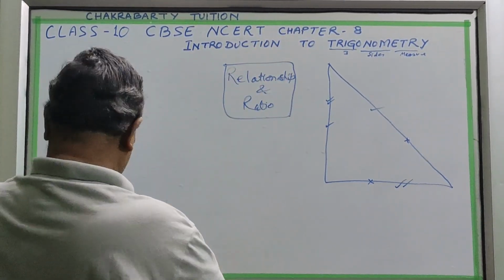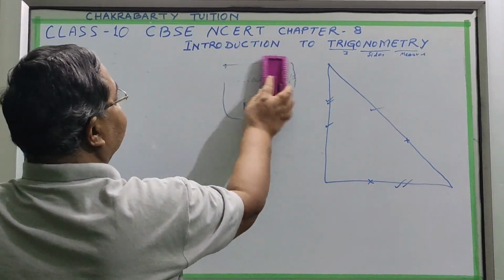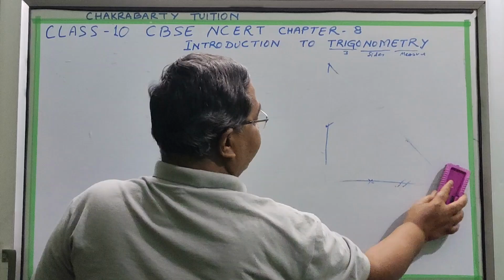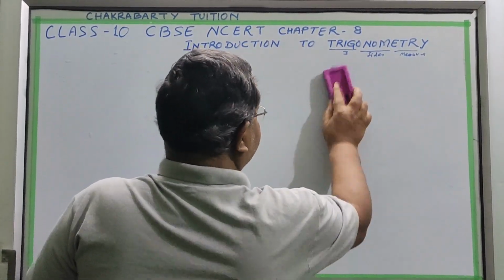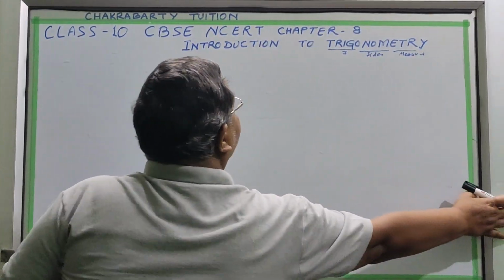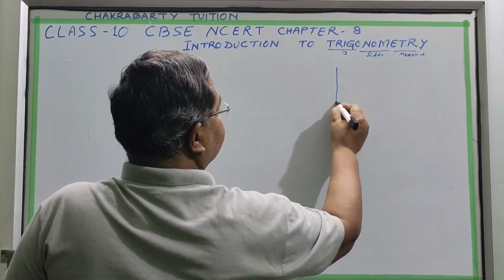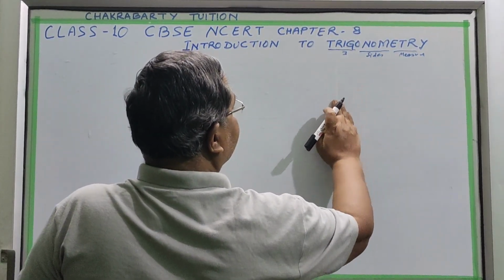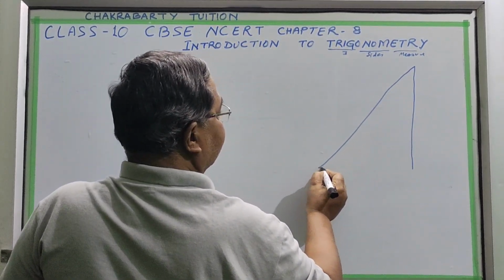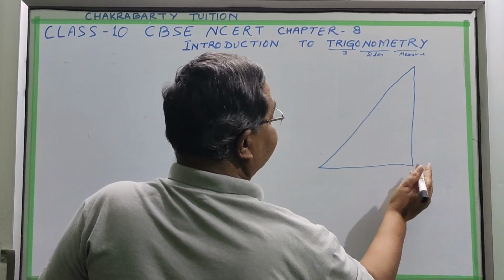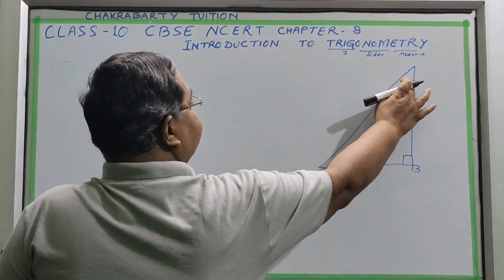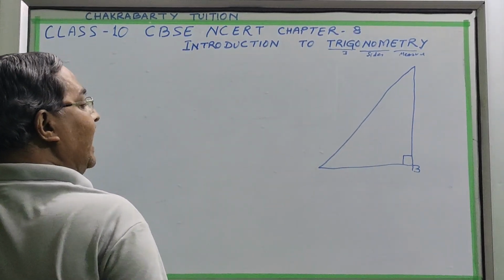Okay, so now we will start with some technical terms which we will be using throughout. Suppose one right angle triangle, and here it is the right angle, B, and this is an acute angle, and this is also an acute angle.